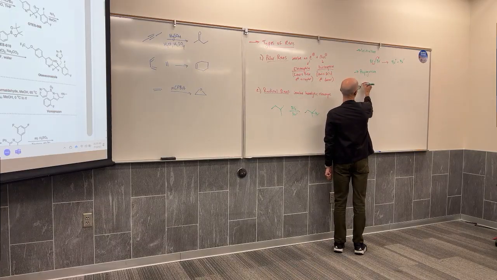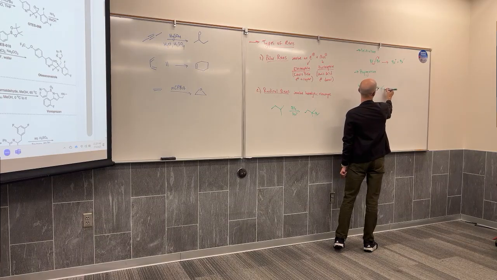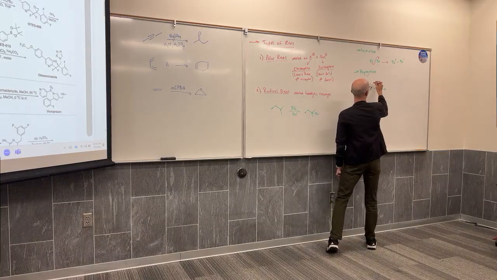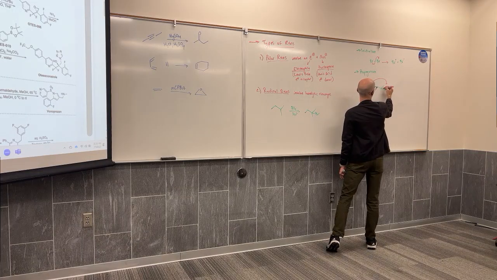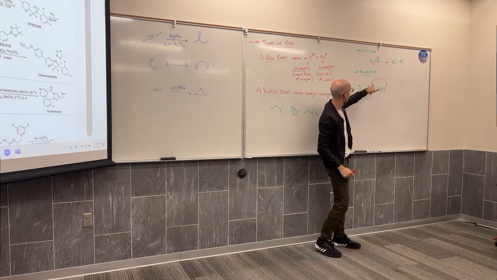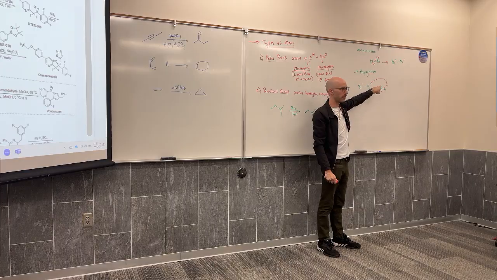So one of these bromine radicals interacts with the hydrogen on that carbon homolytically. I want you to notice something about my electron arrows.